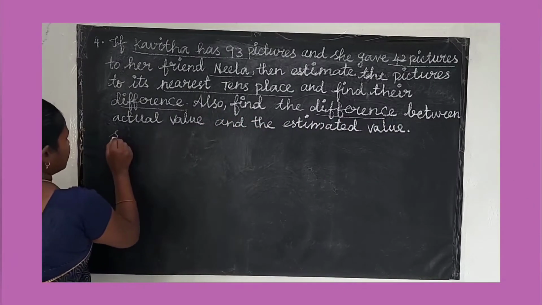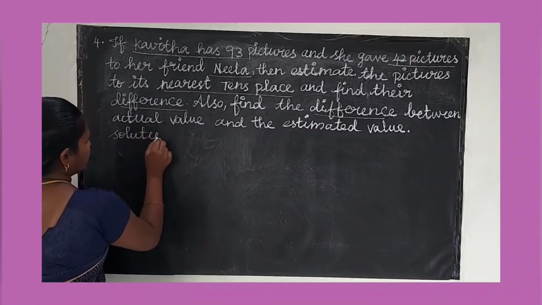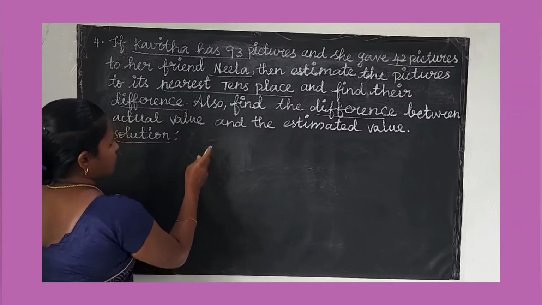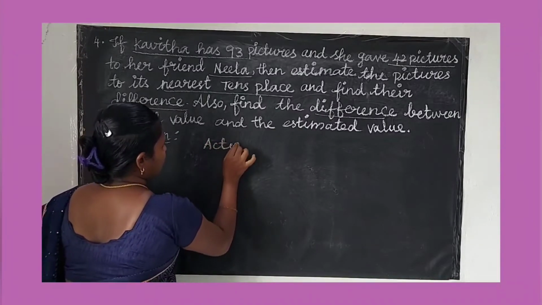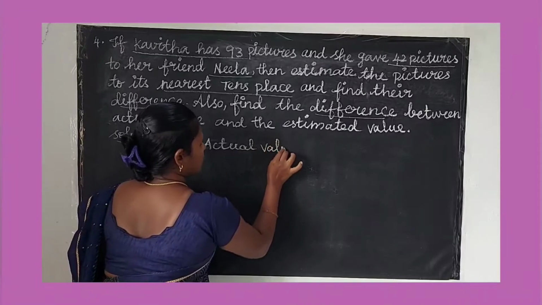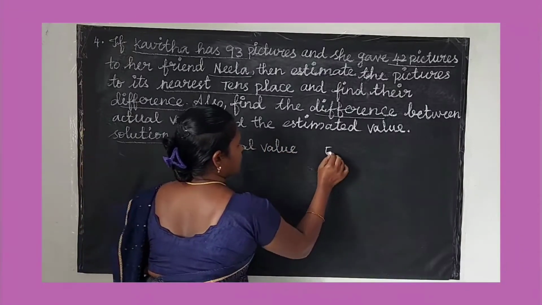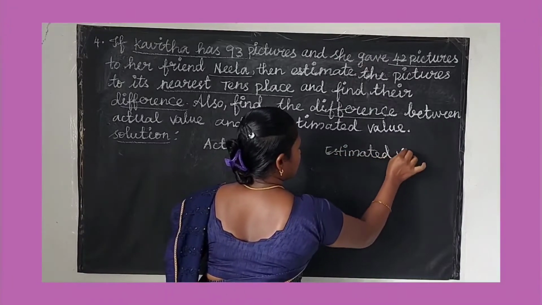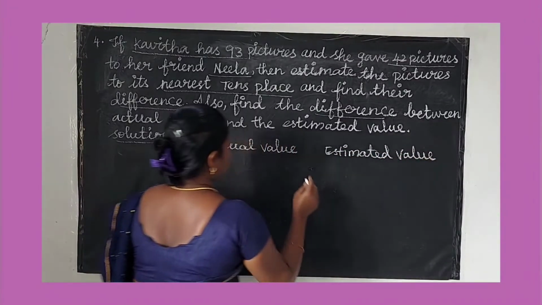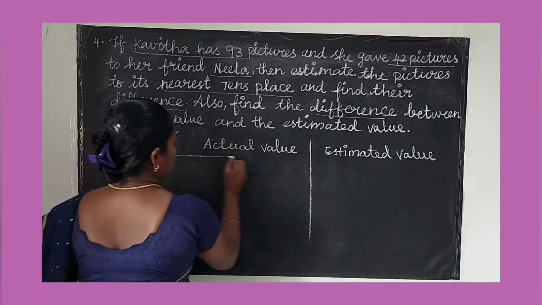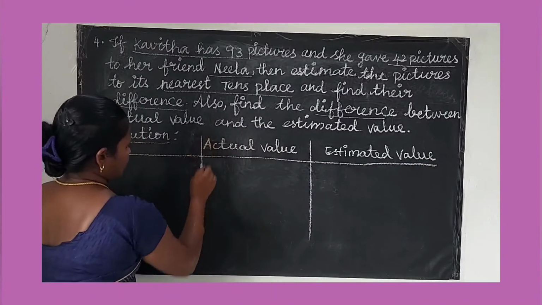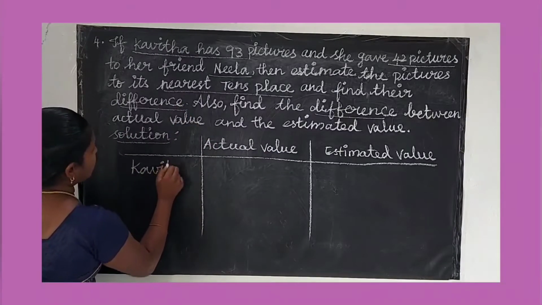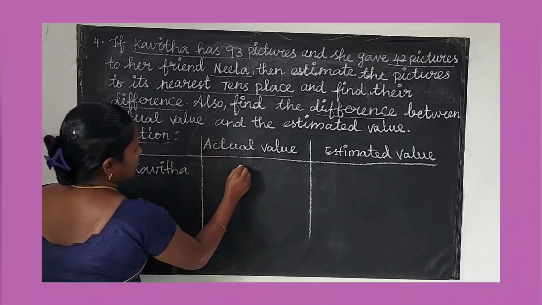So first we write solution. Actual value, estimated value, put a box, actual value and the estimated value. So for the actual value, first Kavita has how many pictures? 93.